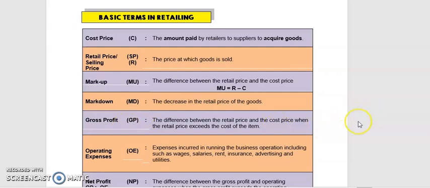For example, if you sell one kek lapis for 15 ringgit, but you bought it for 10 ringgit, so retail price, selling price is 15, you sell it 15 ringgit. The cost that you bought for one kek lapis is 10 ringgit. So retail price is more than cost price, and here you will get gross profit.